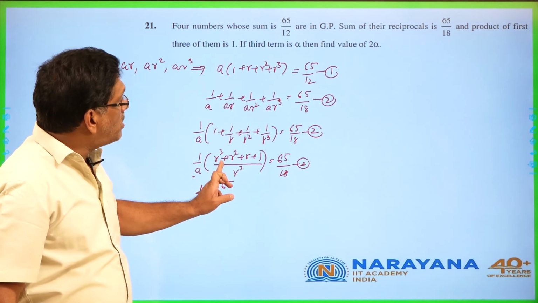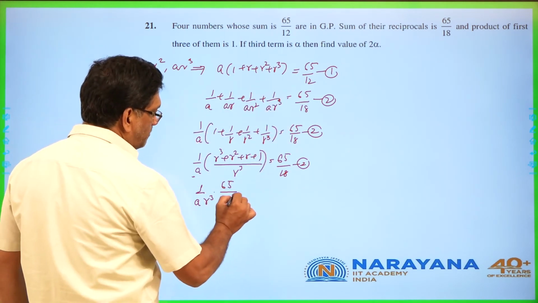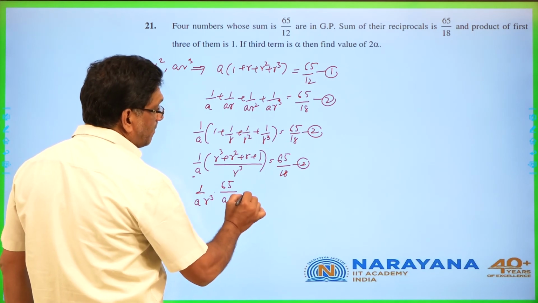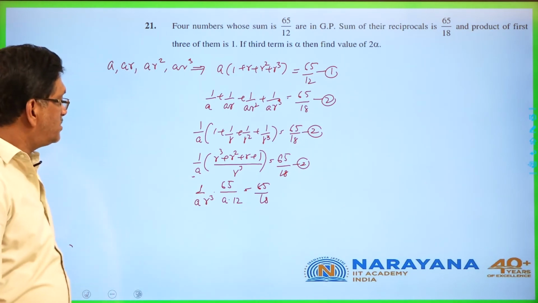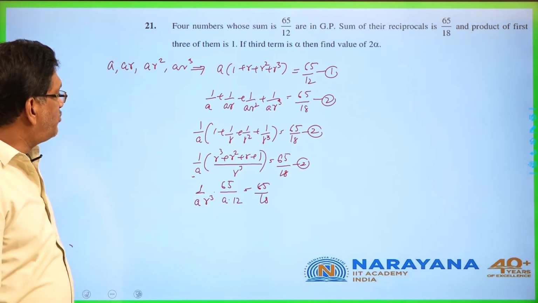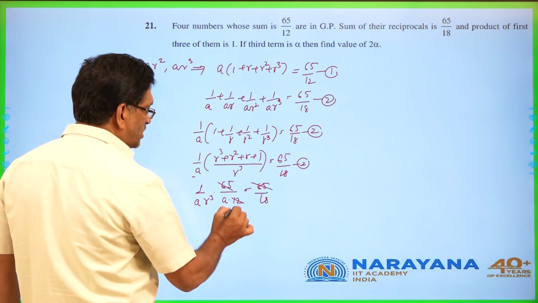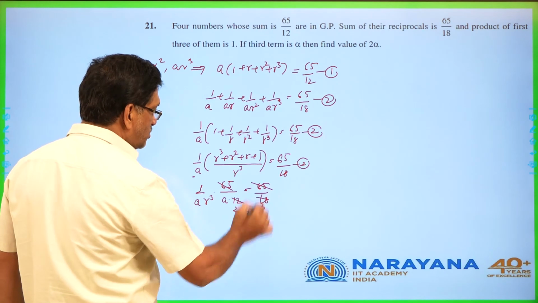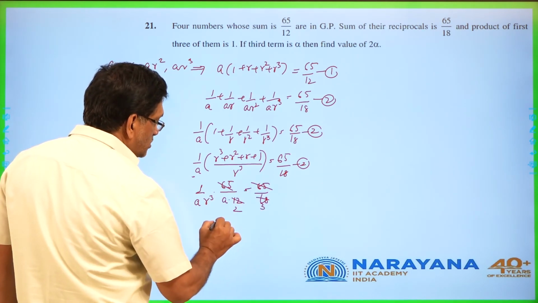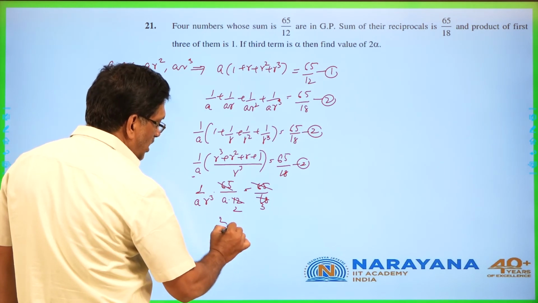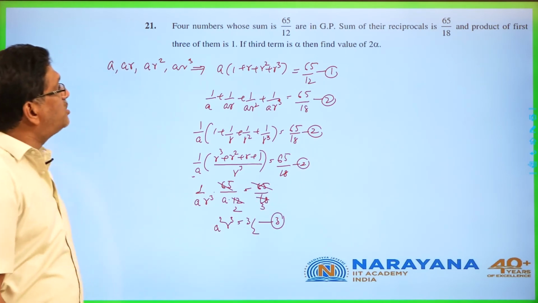So the 1 plus r plus r square plus r cube factor is 65 by 12 times 1 by a. I have taken a common. Now 65 throughout we can cancel, 6 twos are 12, 6 threes are 18. That is a square, this will go to this side, so it is a square r cube equals 3 by 2. We have got one value.